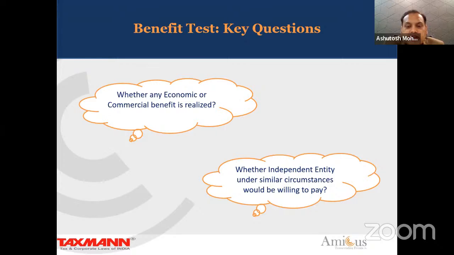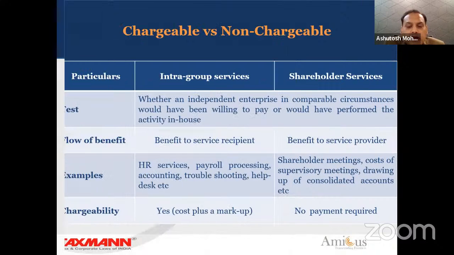But the second question, whether an independent entity under similar circumstances would be willing to pay for it, the answer is no, because the subsidiary receiving these services would argue that fine, we are benefiting, but the parent itself is equally benefiting or benefiting more, because these services are expected to be performed in the interest of the group. So these services are therefore considered non-chargeable services.